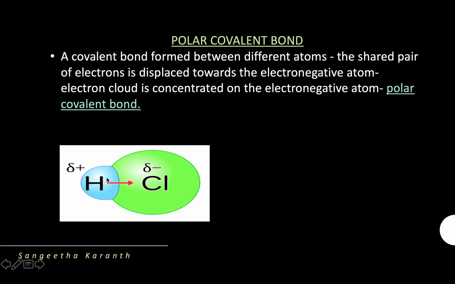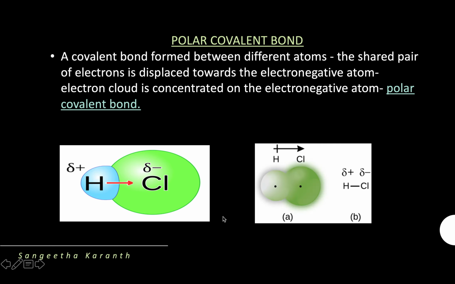Since the electron is more towards chlorine, the hydrogen gets a partial positive charge, which is represented as delta plus. Such a bond occurring due to the displacement of electrons towards one atom is referred to as a polar covalent bond. An example of a compound which consists of a polar covalent bond is HCl.